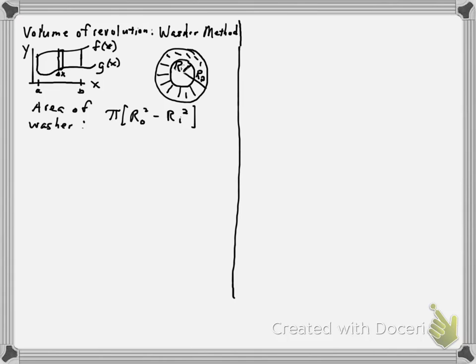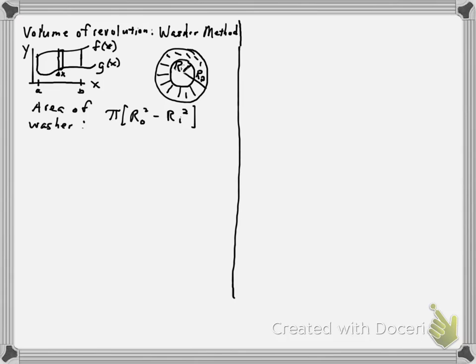The area of this annulus, or I'm calling it the area of the washer, is basically a difference in areas. So it's going to be pi r sub O squared minus pi r sub I squared. And of course you can factor out pi. This is the area of the washer, and this is going to be used as a basis for computing the volume of the actual washer, which will have some width.